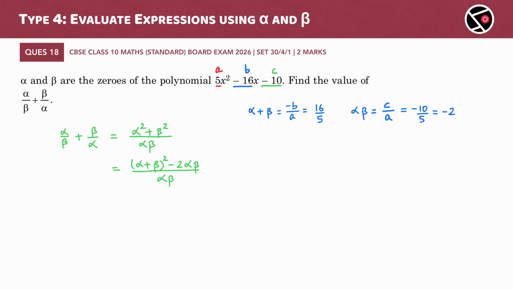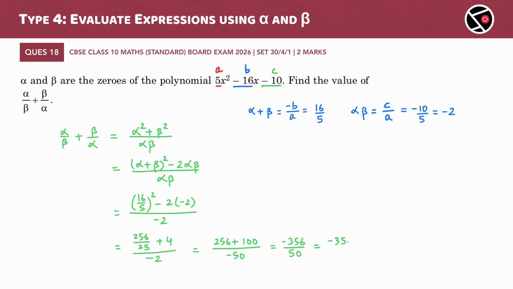Now substitute the values of alpha plus beta and alpha times beta. Solving further, we get minus 7.12.